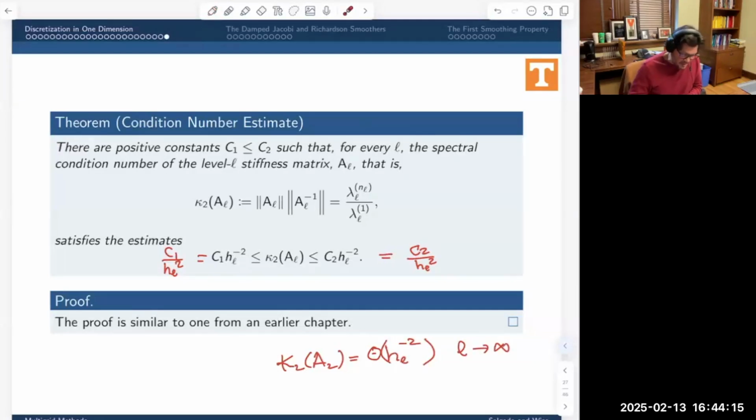All this means is precisely this: roughly speaking, the condition number is just some constant times h_L to the minus 2 power. That's it. So this tells us that we have a fairly ill-conditioned stiffness matrix. As h_L gets smaller and smaller, which is what you want with a more and more accurate computation, the condition number deteriorates. It gets larger and larger.